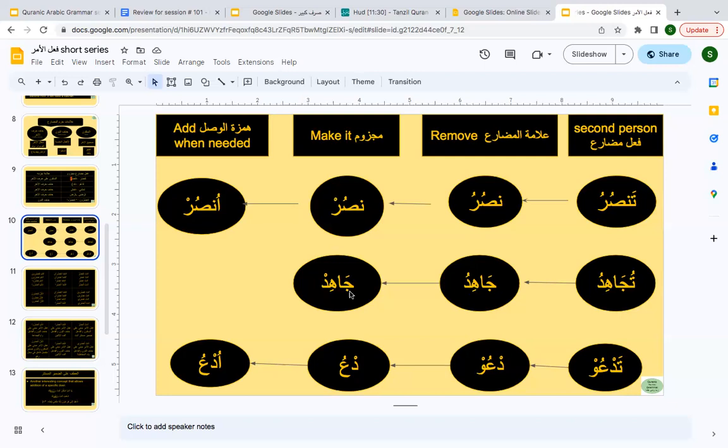I don't need to add any helper hamza here, right? And when we made the amr from allama yu'allimu, from tu'allimu, the ain already has a fatha. So therefore, we do not need to add hamzatul wasl. Easy or no? Yeah, makes sense now?